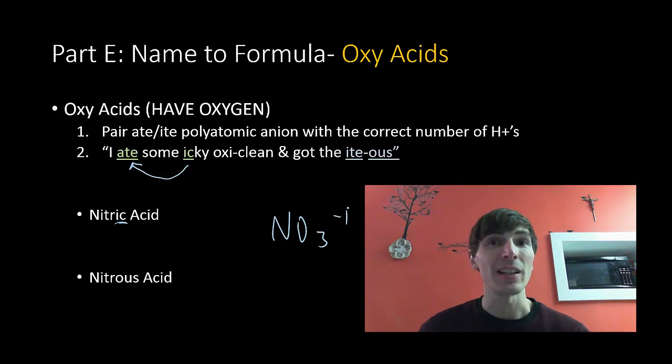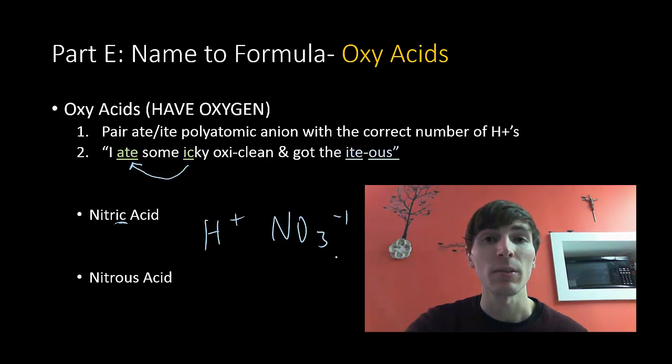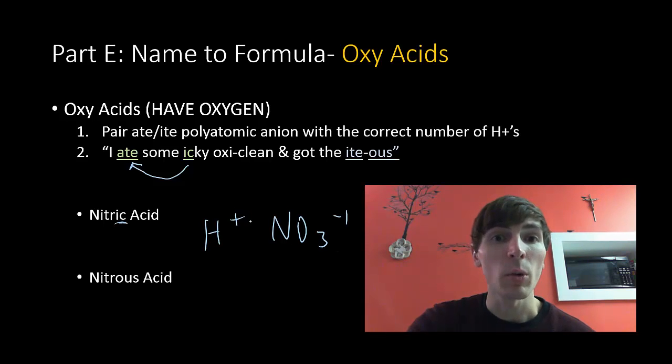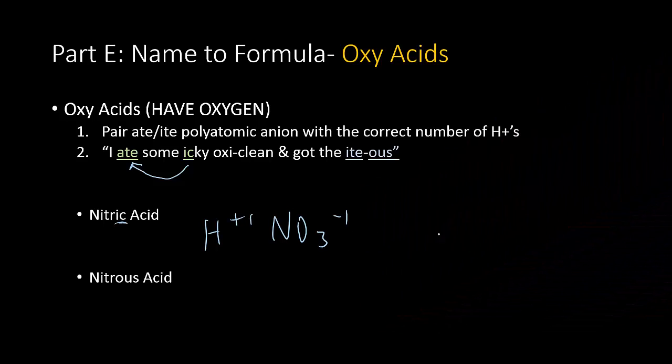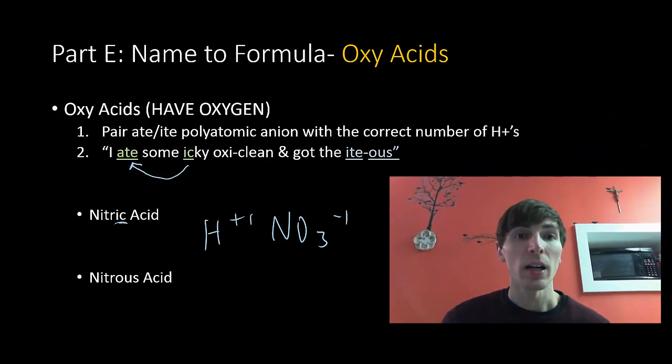Now I pair that up with the correct number of H pluses. H plus has a plus 1 charge, nitrate a negative 1 charge, so I only need 1 hydrogen. If you want, you can cross the charges: 1 H and 1 nitrate, HNO3. Nitric acid, done.